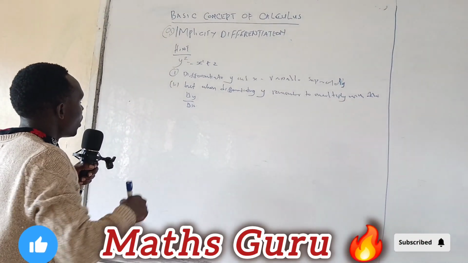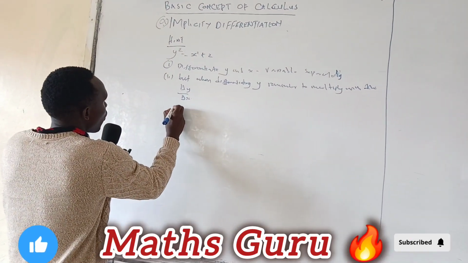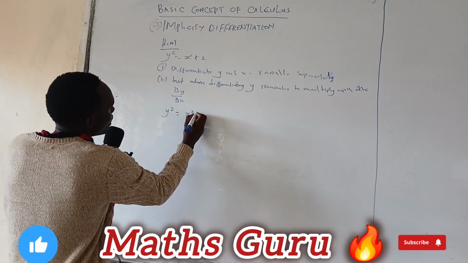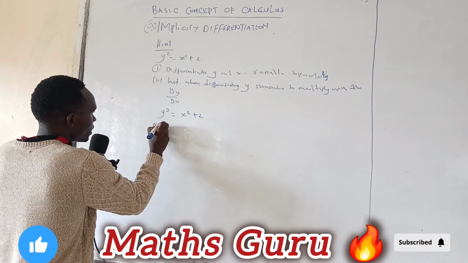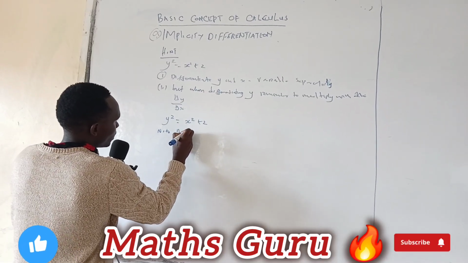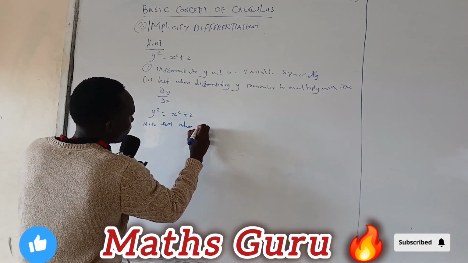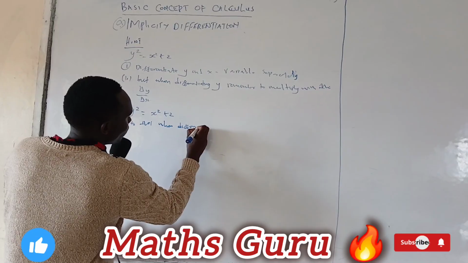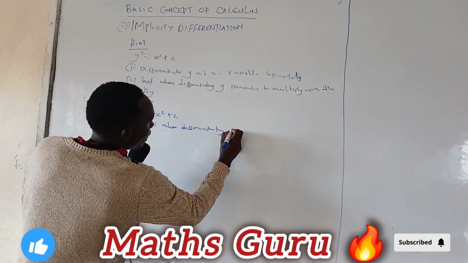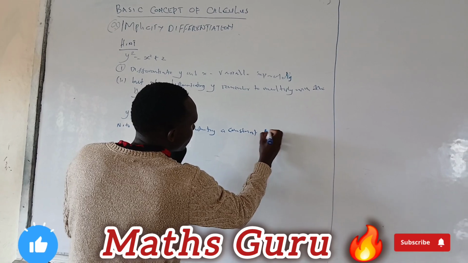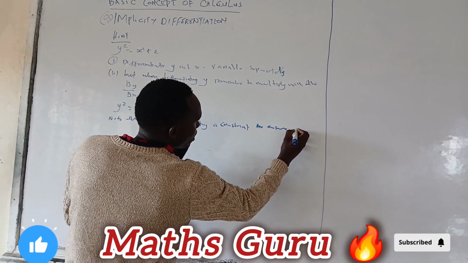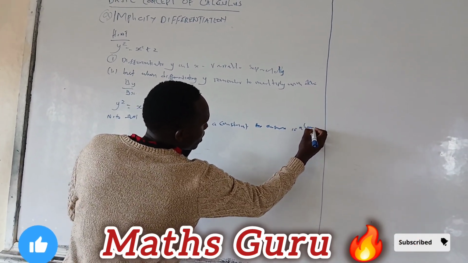For example, differentiate y squared is equal to x squared plus 2. So note that when differentiating a constant, the answer is always 0.